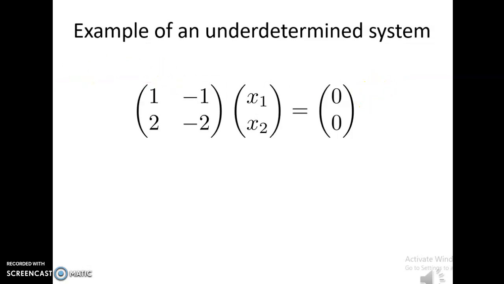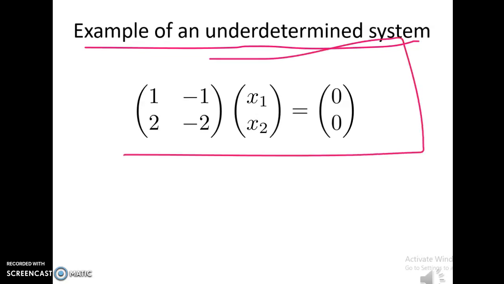Example of an underdetermined system. This is the underdetermined system.